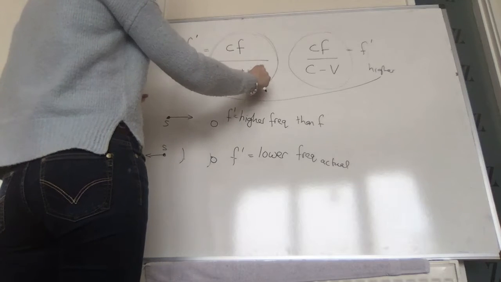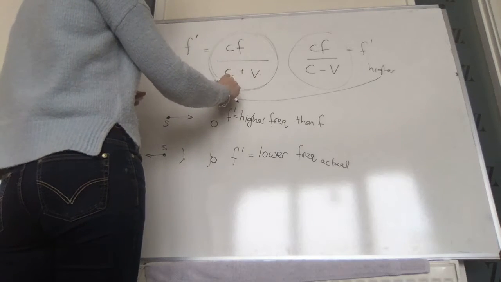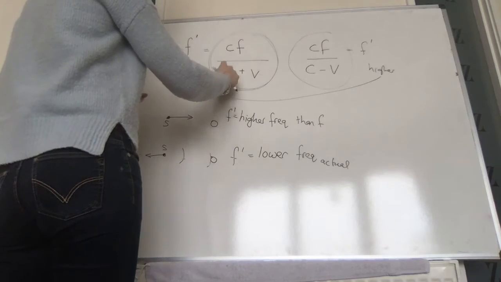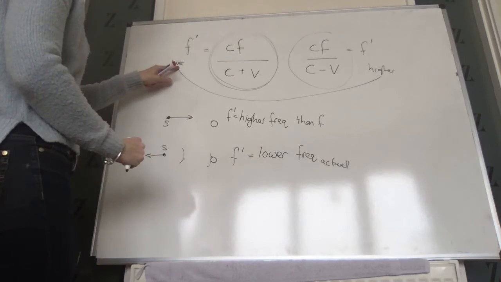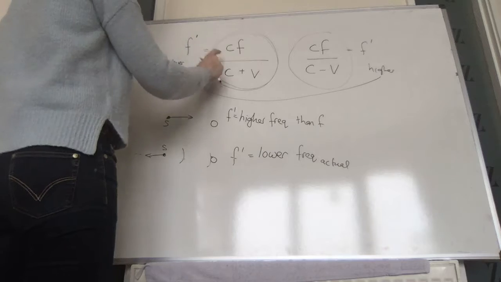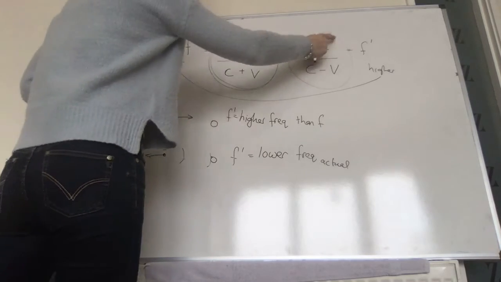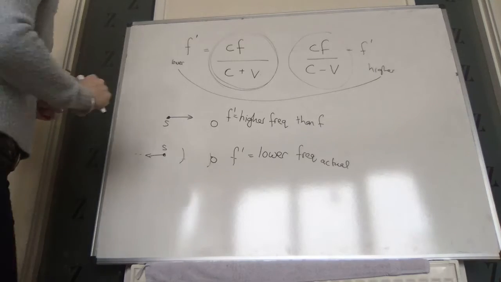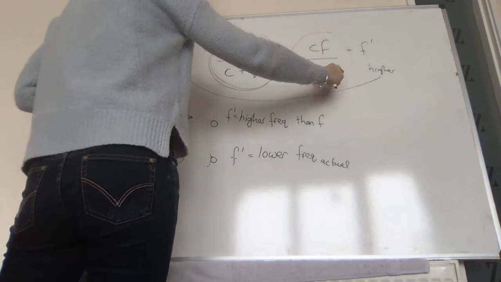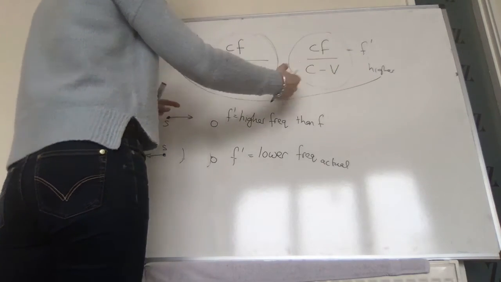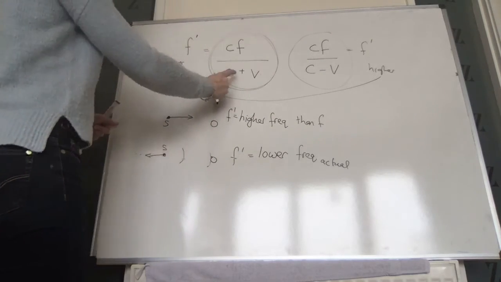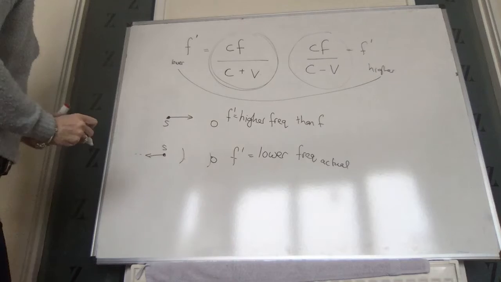When this number here is a bigger number than this, so when you're dividing by a bigger number, you end up with a smaller number. So this F that you get from doing this is smaller than the F that you get from doing that. Okay, so that's the formula you use when you want the frequency to get higher, which is when the source is approaching the observer. That's the formula you use when the source is moving away from the observer.